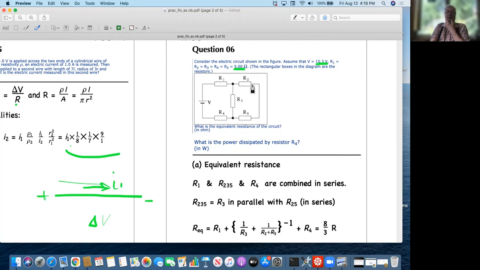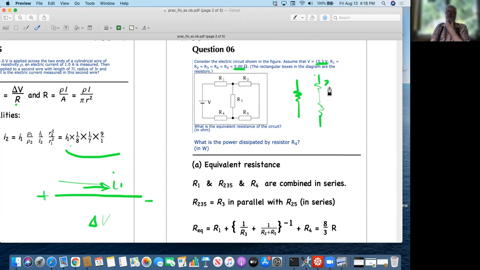Now, that resistance is in parallel with this resistance, R3. So we'll add R3, and the combination R1 and R2, R2 and R5.